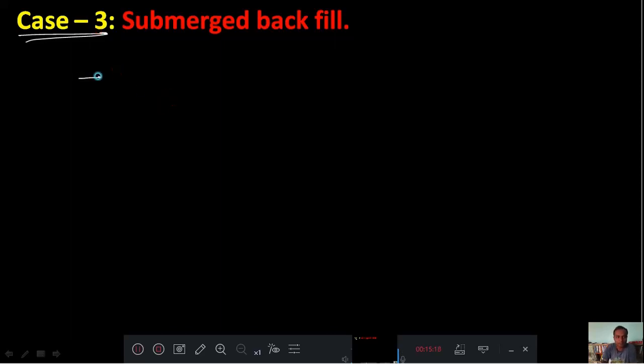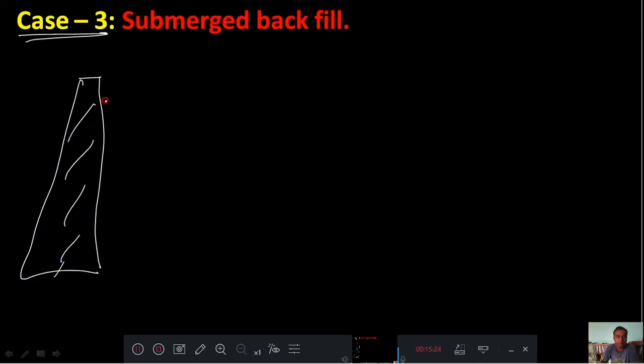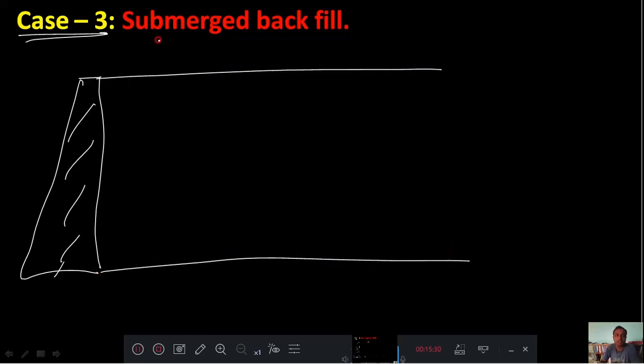Let us consider this is your retaining wall, and here there is a backfill. As I said in the heading itself, the backfill is submerged. Submerged means the water table must be at the top level. We'll consider the water table at the top level, meaning the ground surface is here and the water table is also here.